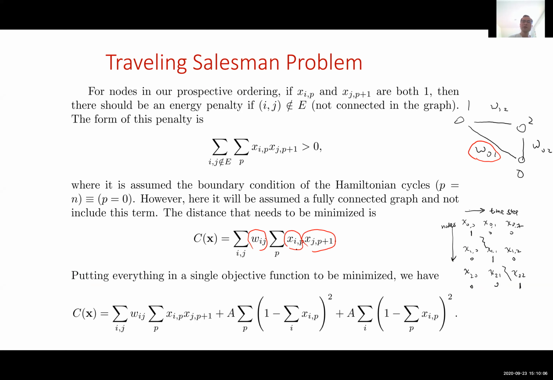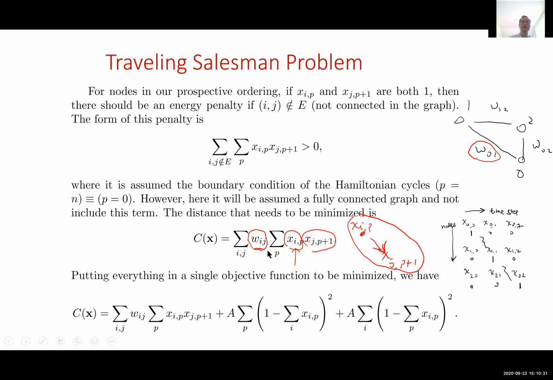This is the location. Remember, I have this x_{i,p}. There's another x. If at the next time step you go to that node, that means this edge weight is included, right? So you sum over all these possibilities.